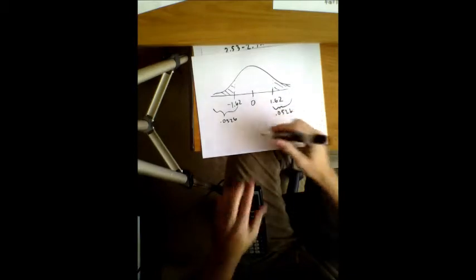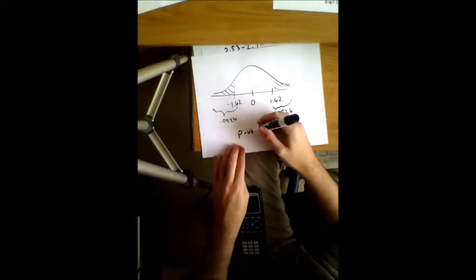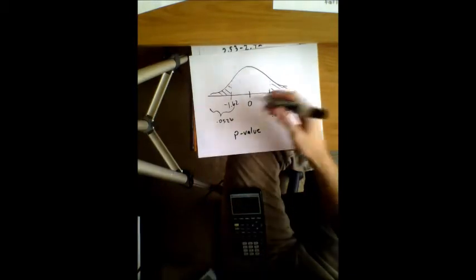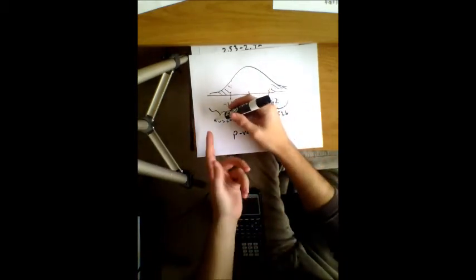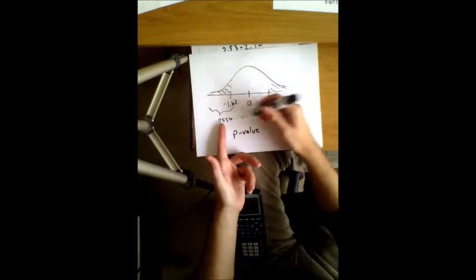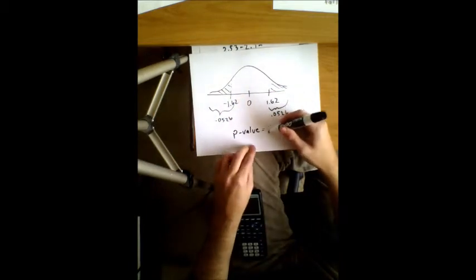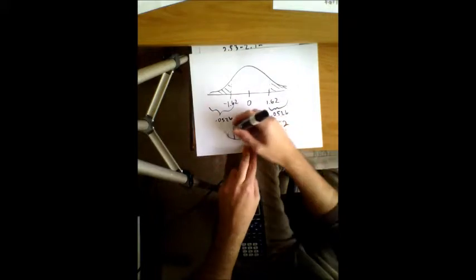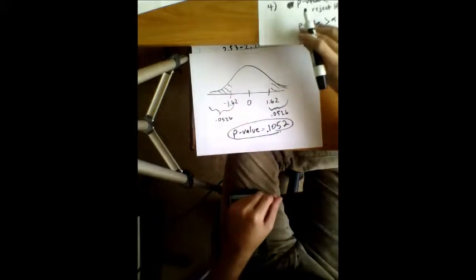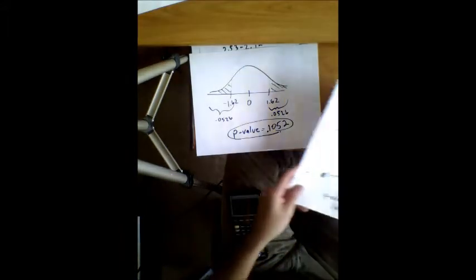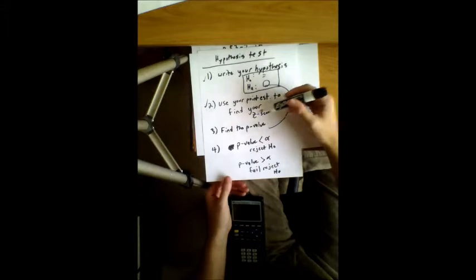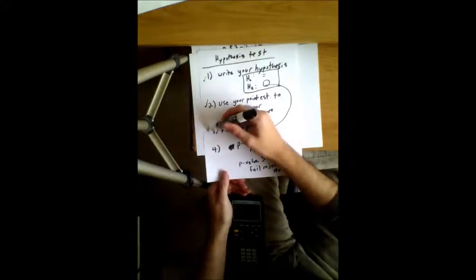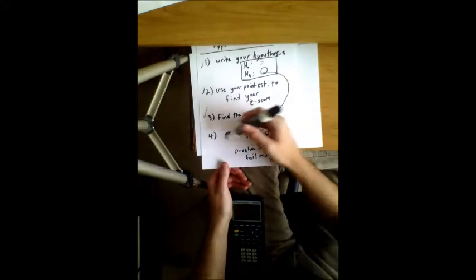My total p-value, because it's two-sided, is going to be twice this value. You could either do 2 times this, or add both of these together. Either way, you should come out with 0.1052. So we found our p-value. We've done our hypothesis, we used our point estimate to find our z-score, and we've now found our p-value. We now have to make a decision.